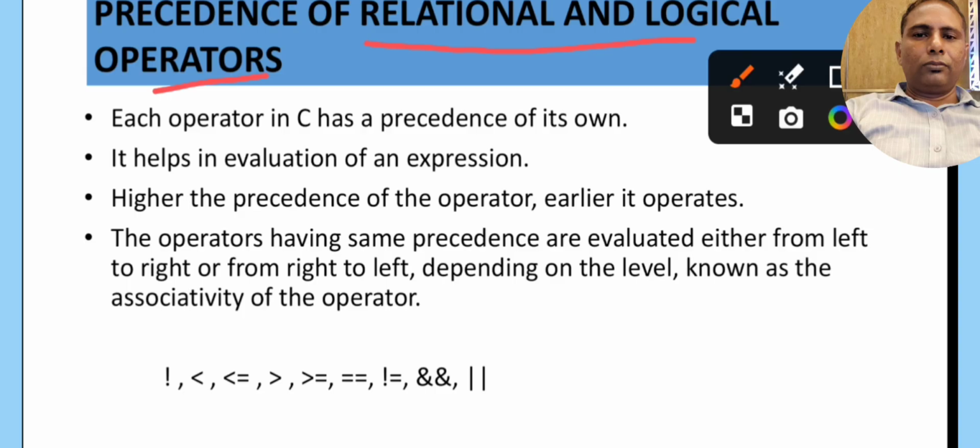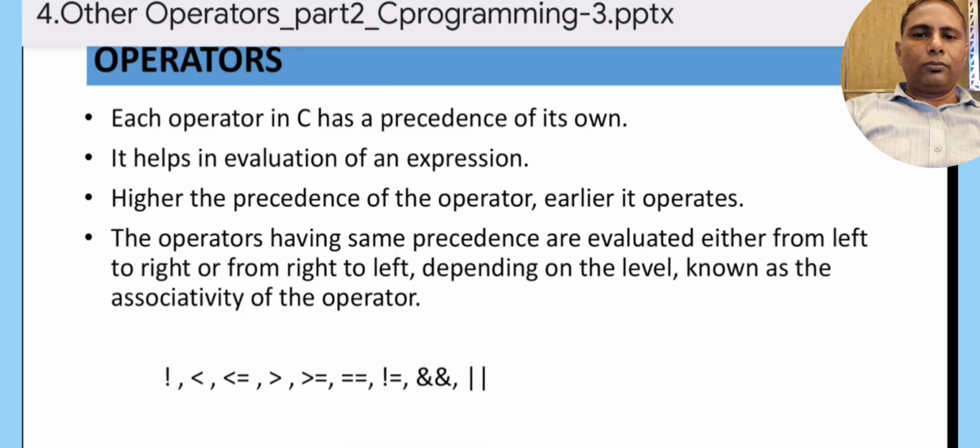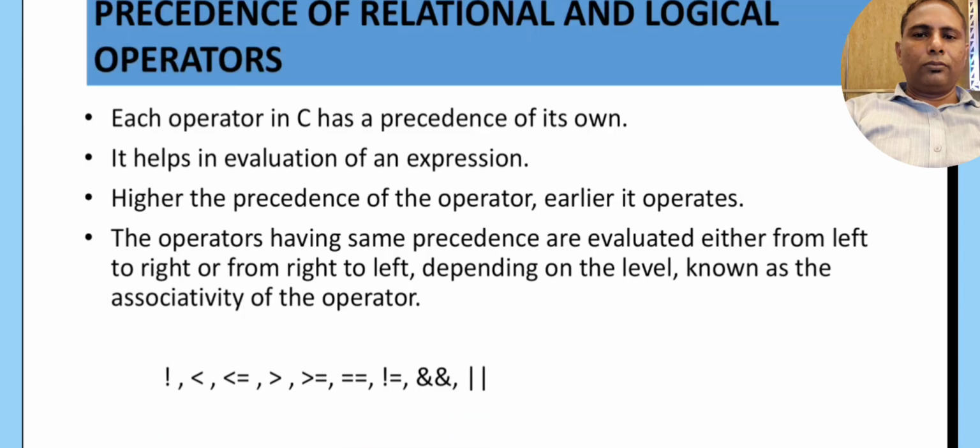If we talk about the combined precedence of the relational and logical operators, then the relational operators have higher precedence as compared to the logical operators. So this is the sequence of precedence: the highest precedence is of the not operator, and the lowest precedence is of the or operator. Like this is the combined precedence of the logical and relational operators.